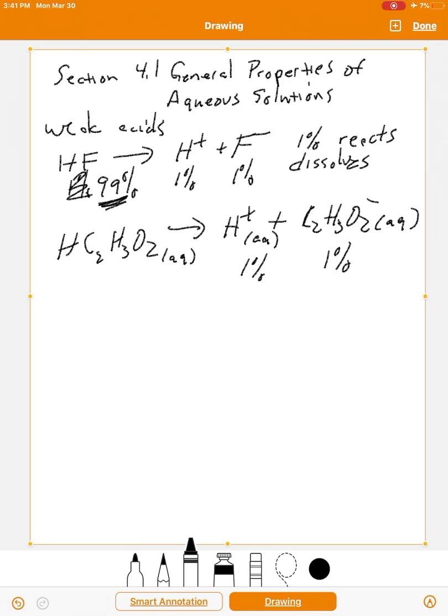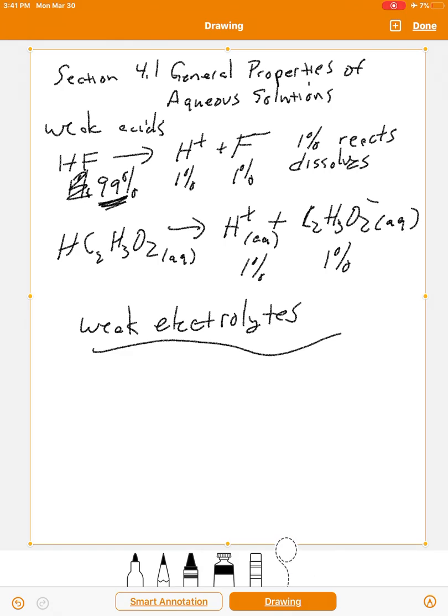Weak meaning you're not producing very many ions. So for that reason, they're called weak electrolytes. They conduct electricity, but only a little bit. If you were to put a light bulb in a solution with one of these acids, it would barely turn on. You see a little bit of light because it's conducting a little bit. It's a very poor conductor of electricity, so weak acids are weak electrolytes.